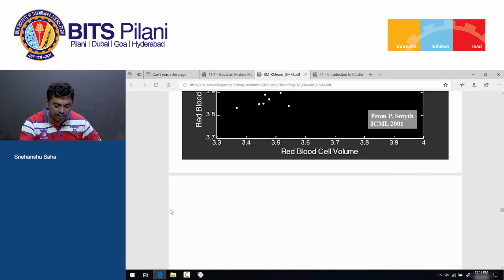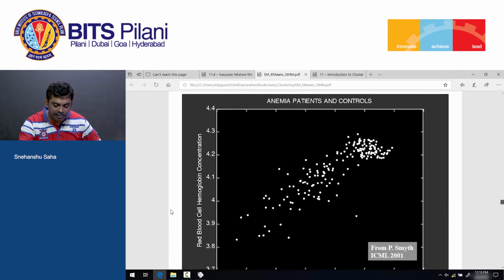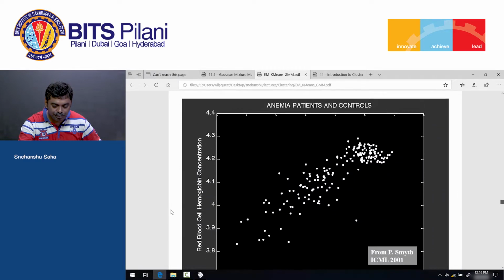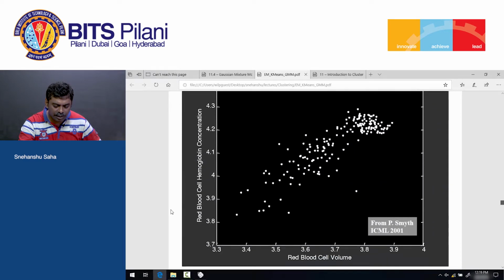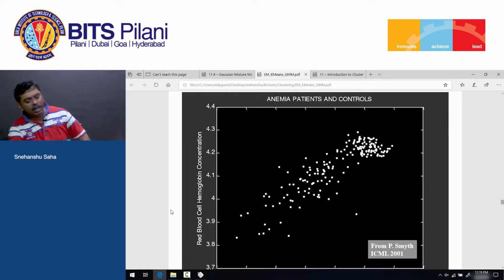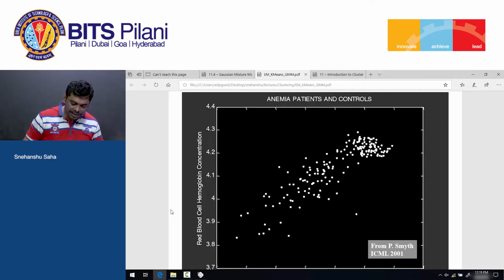Okay, we will give a brief example. This data is collected, I don't recall, I think it's University of California, Irvine, or so. This data is an experiment where people try to figure out the healthy patients versus anemic patients. So we have their red blood cell hemoglobin concentration.